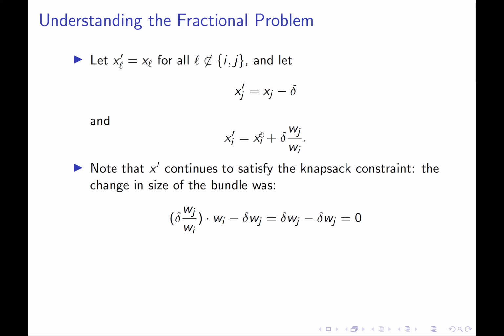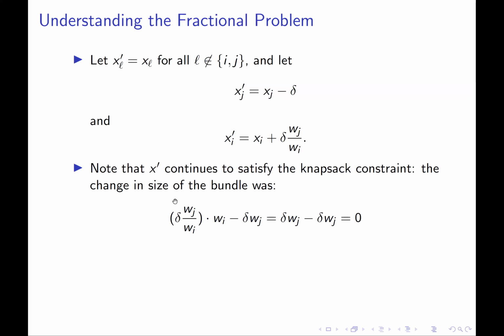We've increased i's allocation and we've decreased j's allocation, but I and j have different sizes. So let's think about how much we've changed the size of our overall bundle. How much did we increase i's allocation by? Exactly delta times wj over wi.